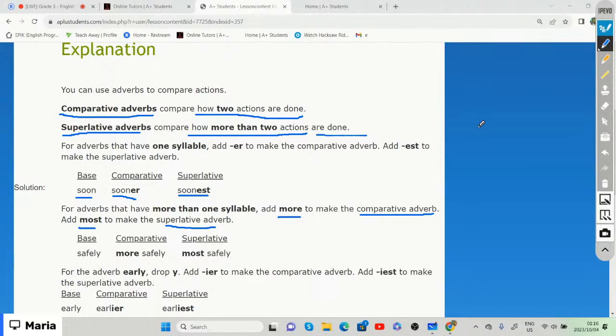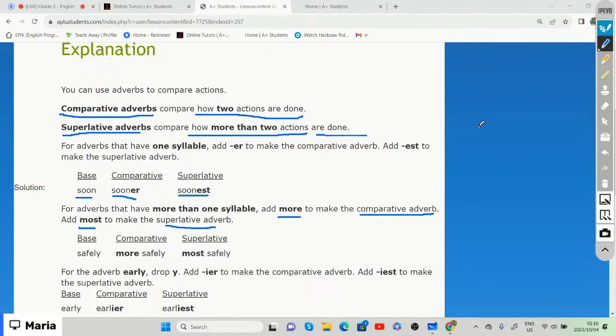For example, safely. Not just safe, but safely. Safely has basically two syllables in that word. So we're not going to say safely, safelier, safeliest.